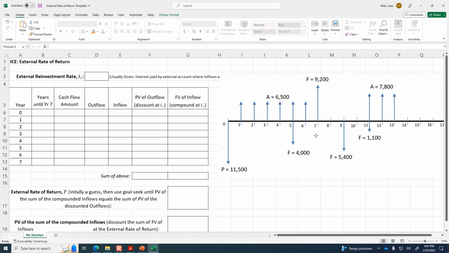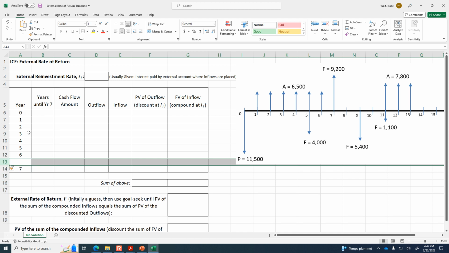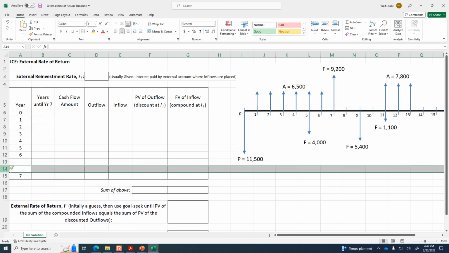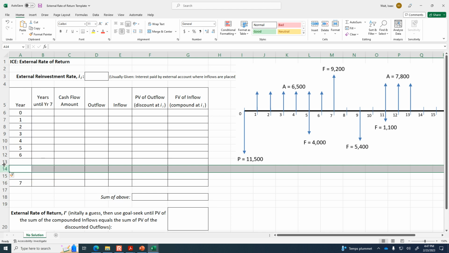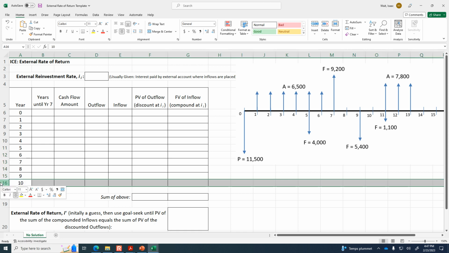Okay, so just insert a couple of extra years. We're at 10, we need it through 13.